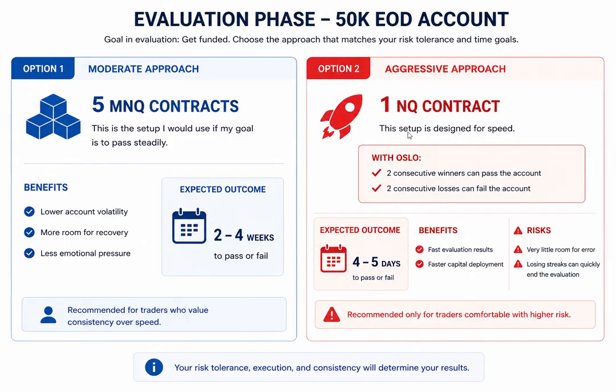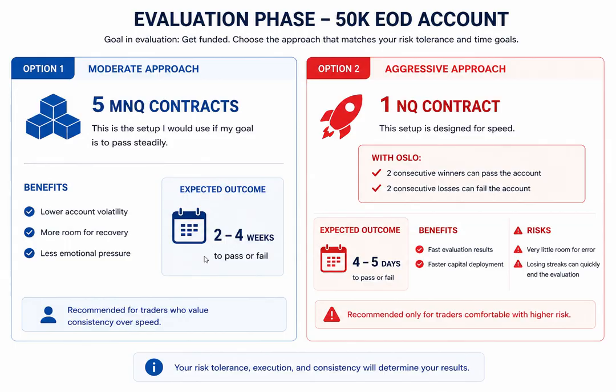It depends. There is a possibility we get profit, then loss, then profit, then loss. So on average, this approach takes us about 4 to 5 trading days to either pass or fail. The advantage is we're going to pass or fail in very few days. The moderate one takes about 2 weeks to 4 weeks on average.